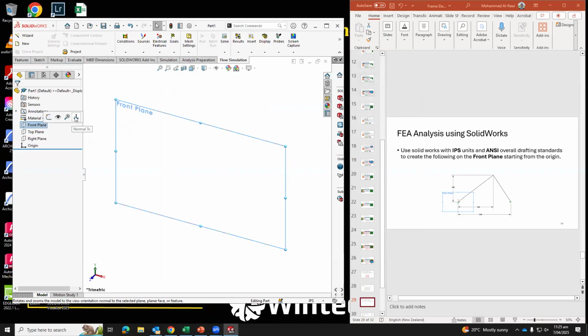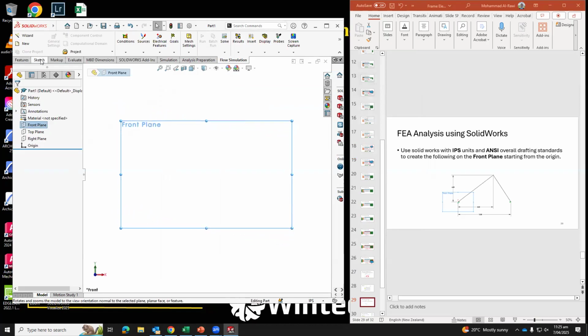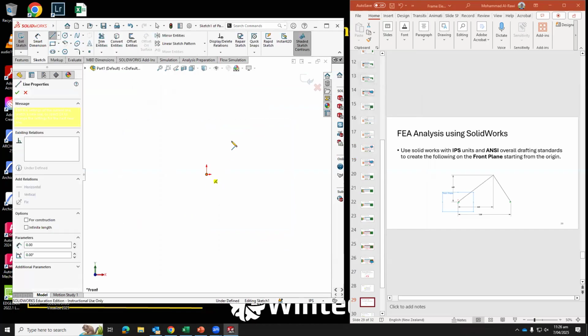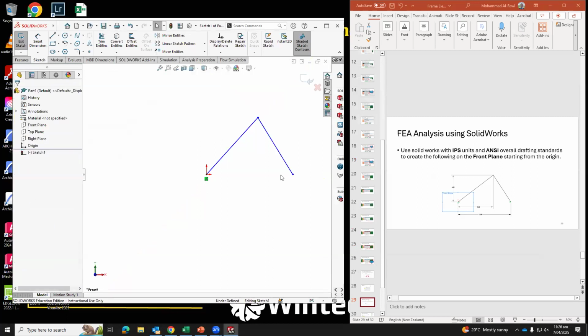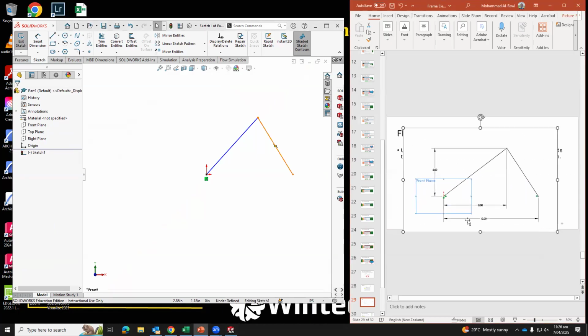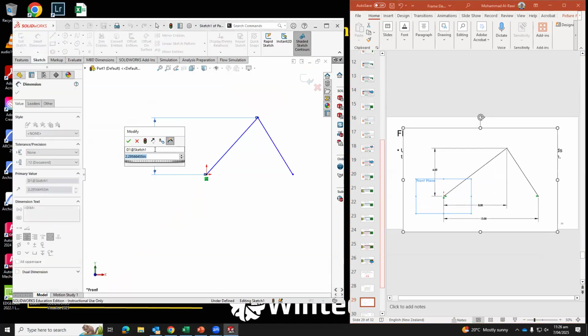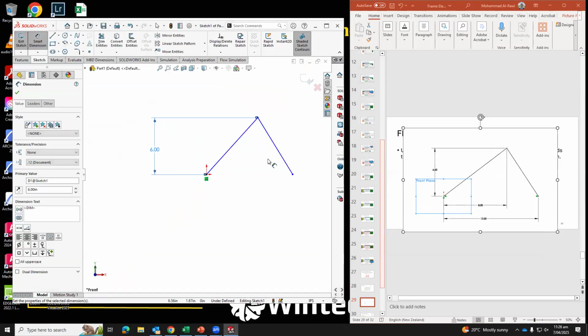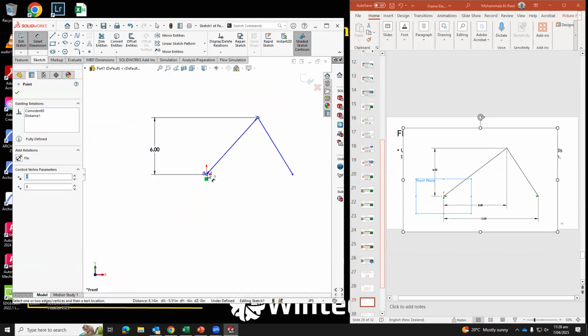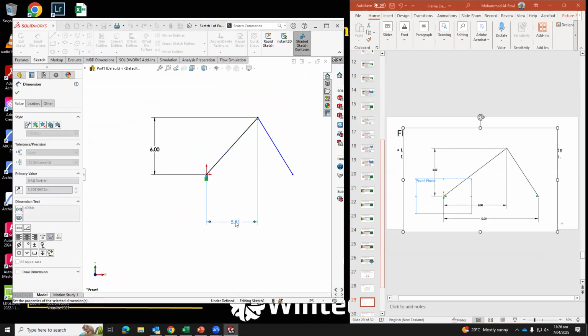Front plane, it's our plane. You go to sketch, choose line, and sketch from the origin the following lines. Now we dimension. That box is very small to see, so I would enlarge it. Smart dimension from that point to that point should be 6 inch, and from that point to that point, a straight line, should be 8 inch.